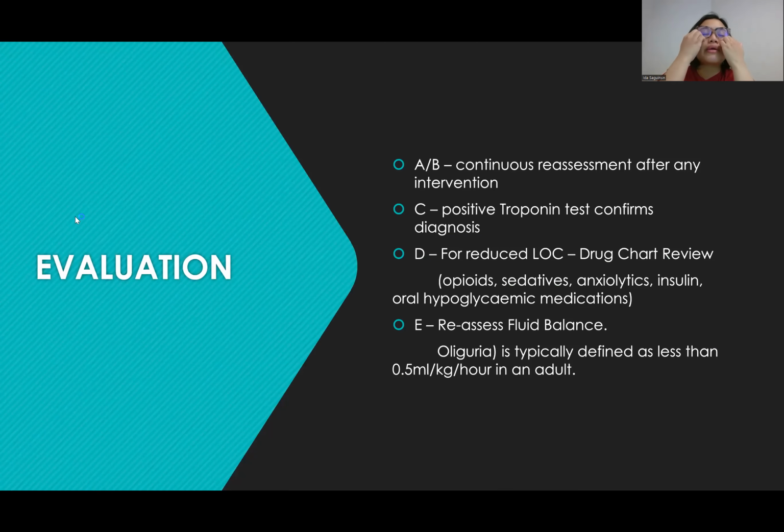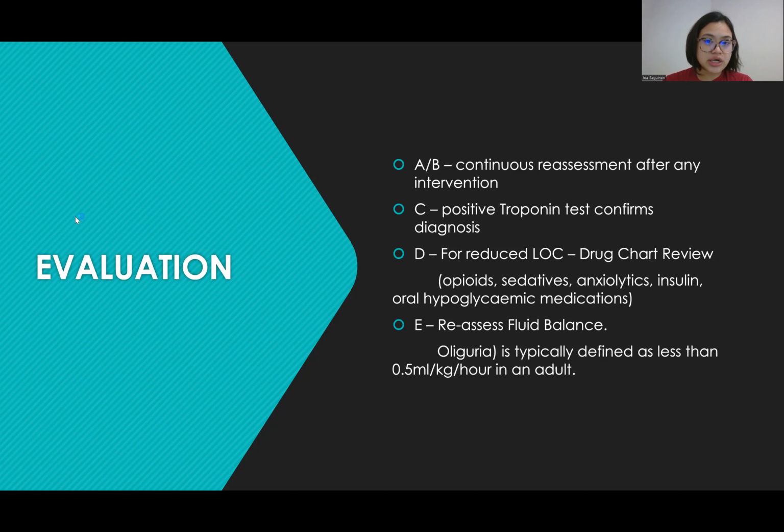How do we know if the patient is getting worse or getting better, or if we need to do more investigations and interventions? We have to continuously reassess the patient after any intervention, meaning regular blood gases and regular assessment of whether our airway management is working, and whether the patient is getting better or worse. We also have to check the test results, especially the troponin test, because it will confirm the diagnosis of ACS.